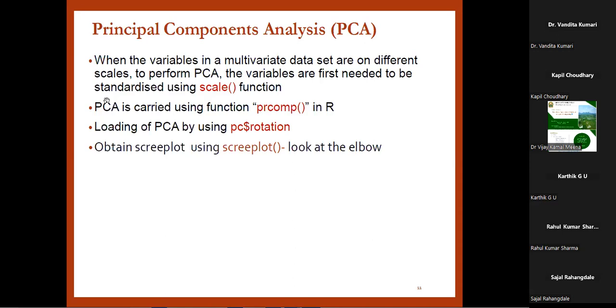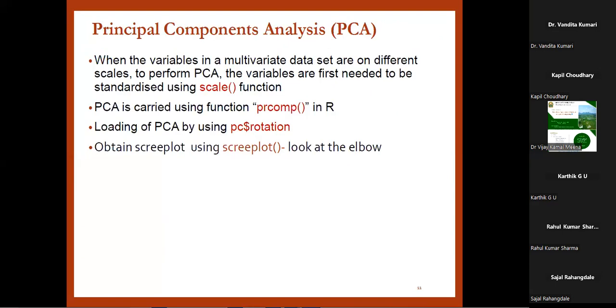Then PCA is carried out using a function called prcomp. This is used to find the principal components, and the loadings of the PCA can be found using $rotation. How it is done, I will explain just now in R. And to obtain the scree plot we use the screeplot function, and we look at the elbow to find how many principal components to retain.